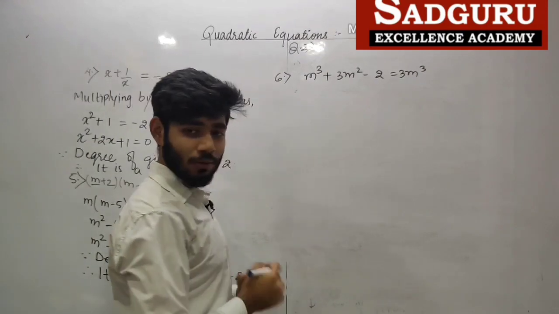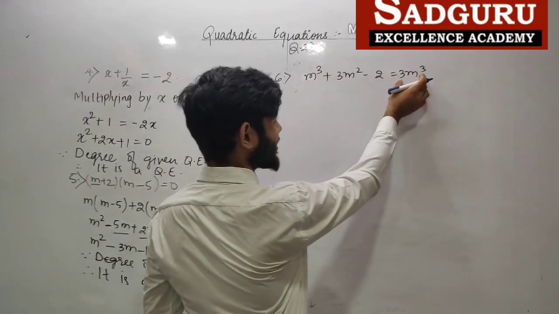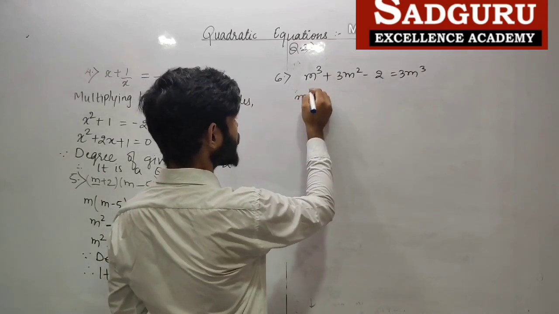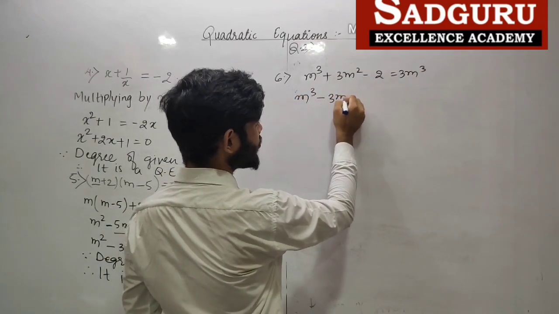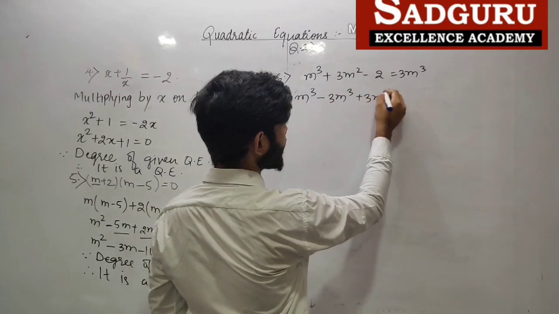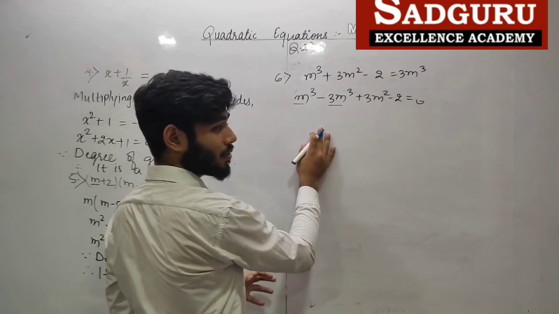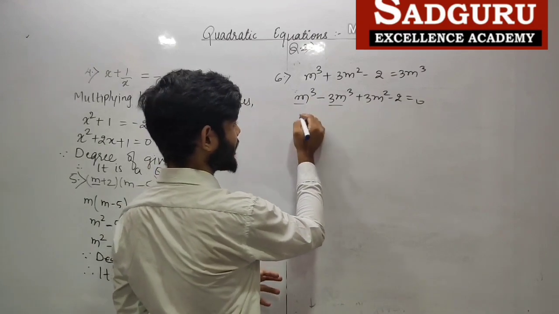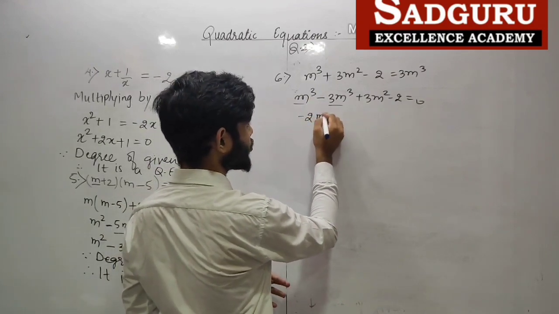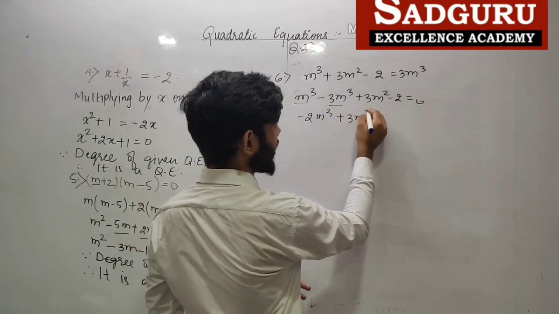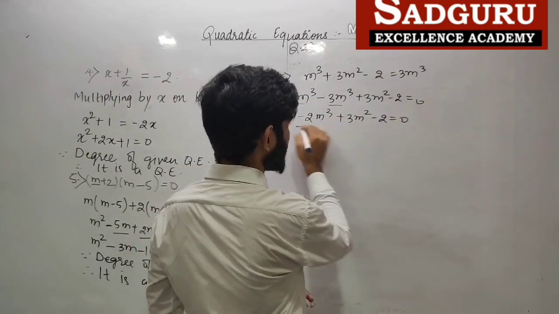Alright, so what we'll do, we'll bring this 3m cube here. So m cube minus 3m cube plus 3m square minus 2 equal to 0. So these are the like terms. So plus and minus becomes minus. So after subtracting we get minus 2m cube plus 3m square minus 2 equals 0.